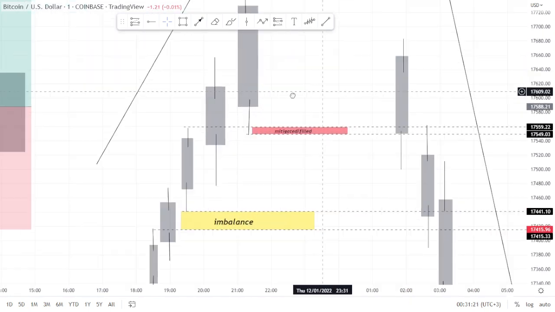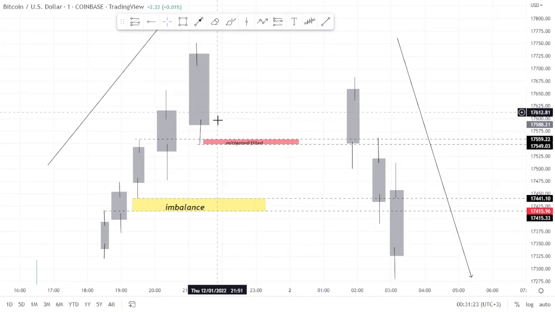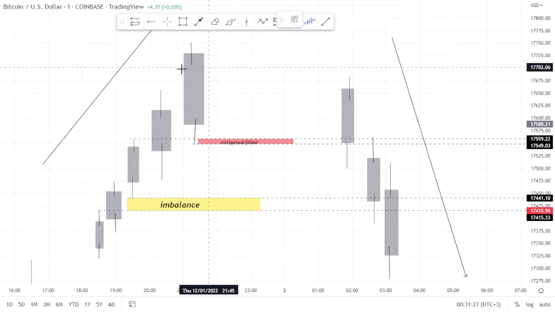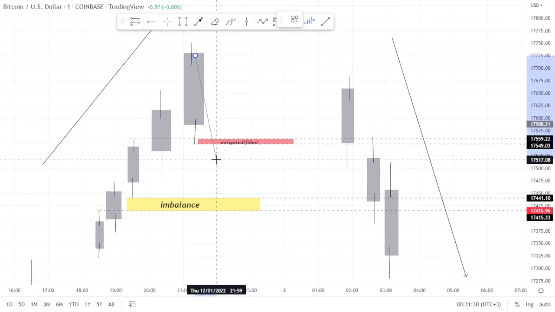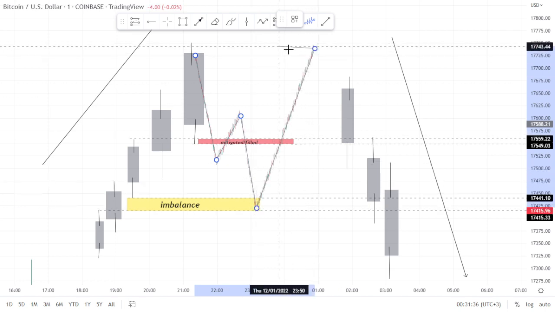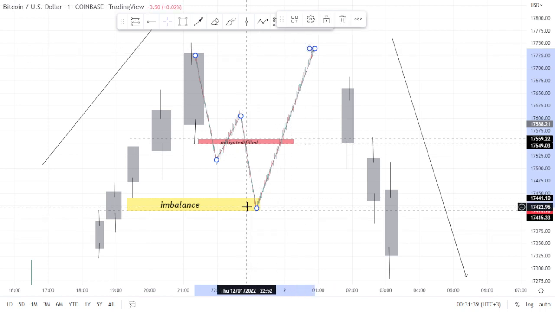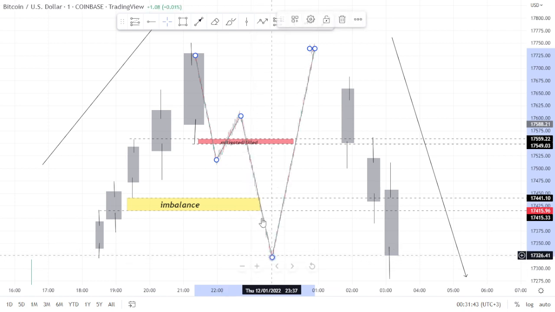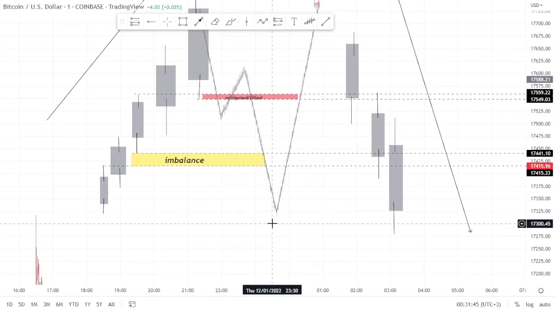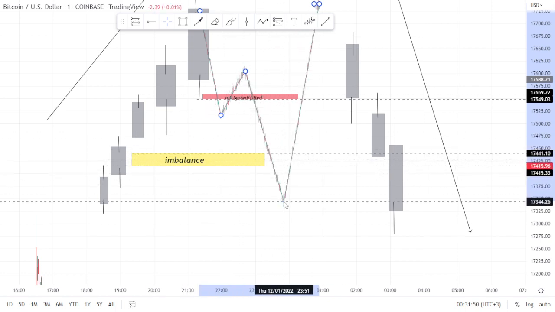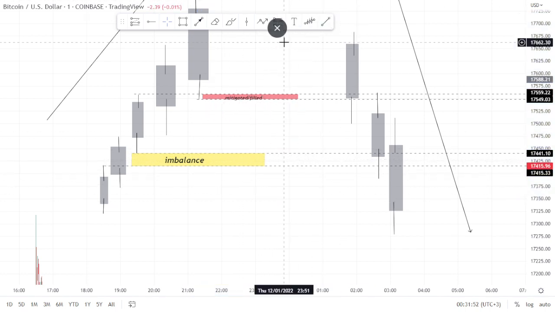But whenever it leaves an imbalance like this, or these gaps that we see here, if we use our ghost feed or the fake candlestick like these ones, we assume that the market is supposed to come and tap before it goes in any direction that it wants to go. But most probably, the institution is supposed to come and fill these orders that are left in this imbalance. This is how we use the imbalance.